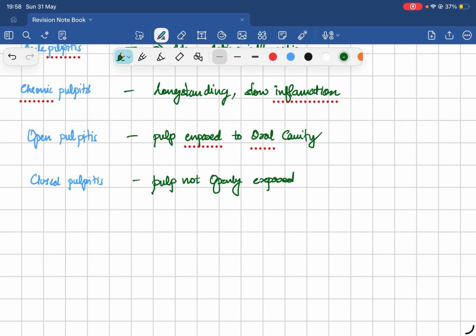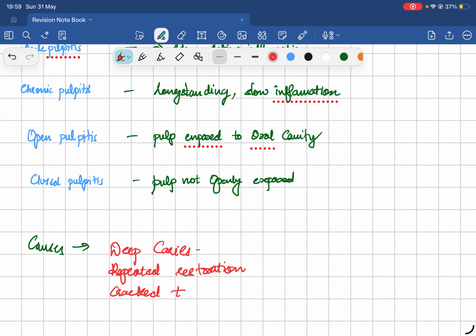What are the causes of closed pulpitis? So the causes for the closed pulpitis will be deep caries. Most of the patients will find deep caries in their oral cavity, and repeated restoration can be found. And next is cracked tooth.